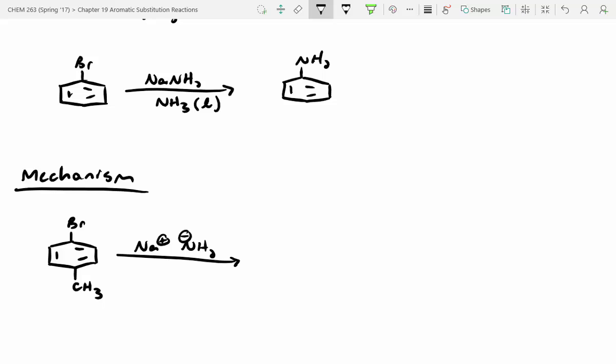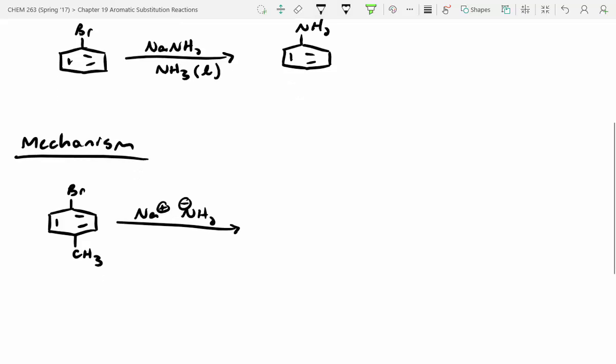Where's our beta proton relative to the bromine? Yeah, it's ortho to the bromine position, right? So going back to term 1, we've got a beta proton. So this super strong base can actually reach over, grab this beta proton, clamp down, and kick off our leaving group.